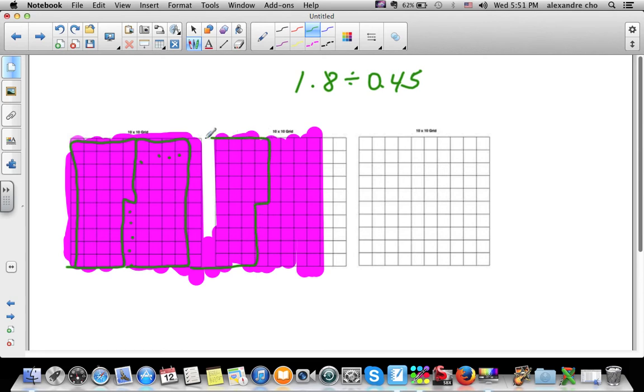So there's my 45 right there. And let's see if I have 45 left over. I have 10, 20 going down, 30 going down, 40 going down, 41, 42, 43, 44, 45. There's my last group of 45. So how many groups of 45 can I make inside 1.8? 1, 2, 3, 4. And that's my answer. Okay? 4, not 5. Sorry.